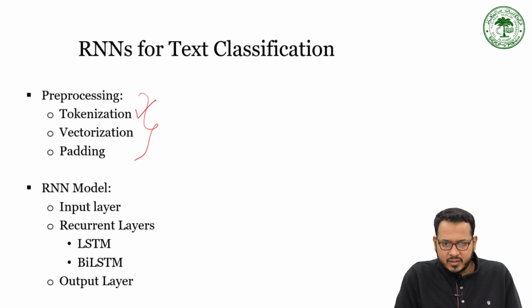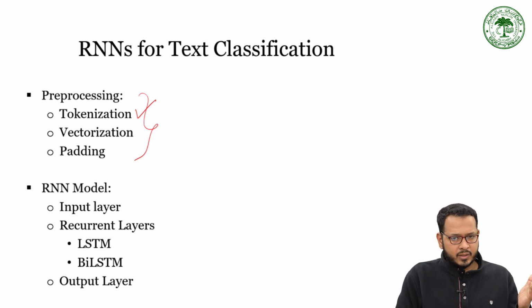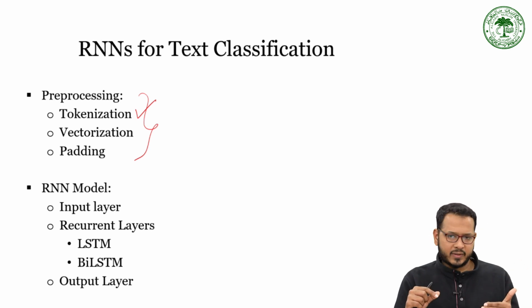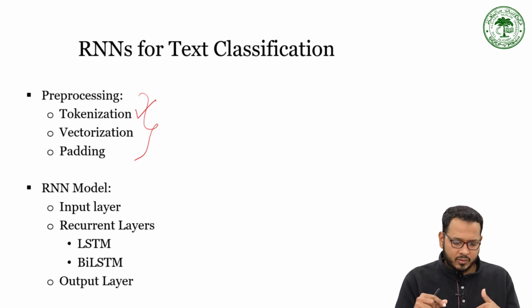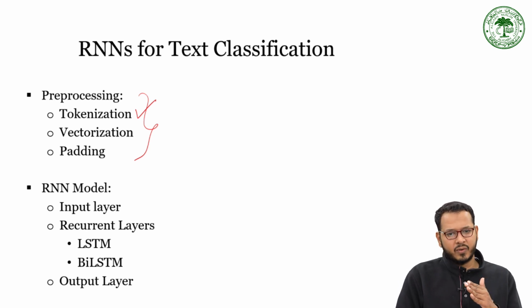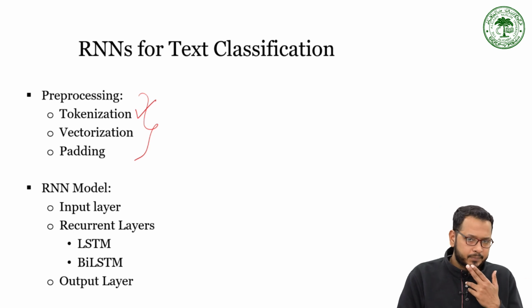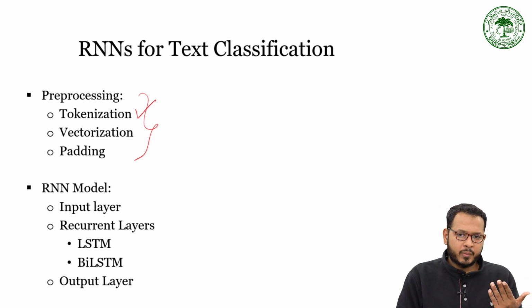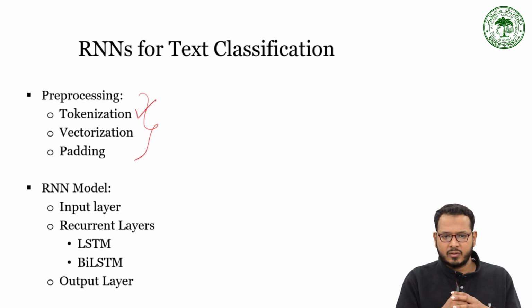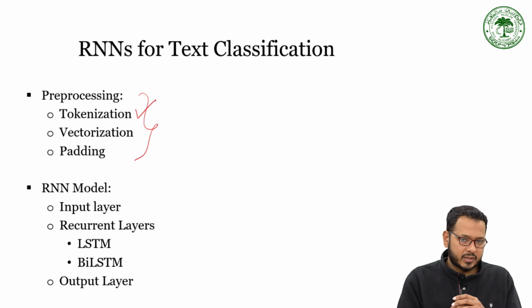Then we do the vectorization. Now vectorization is not similar to what we have done when we were creating the vocabulary, where if the word is present it is 1, if it is not present then it is 0. This process is called embedding actually, where the tokens are converted into numerical values. Now one common approach is to use word embeddings. It's very common, which provide a dense representation of words in a high dimensional vector space.